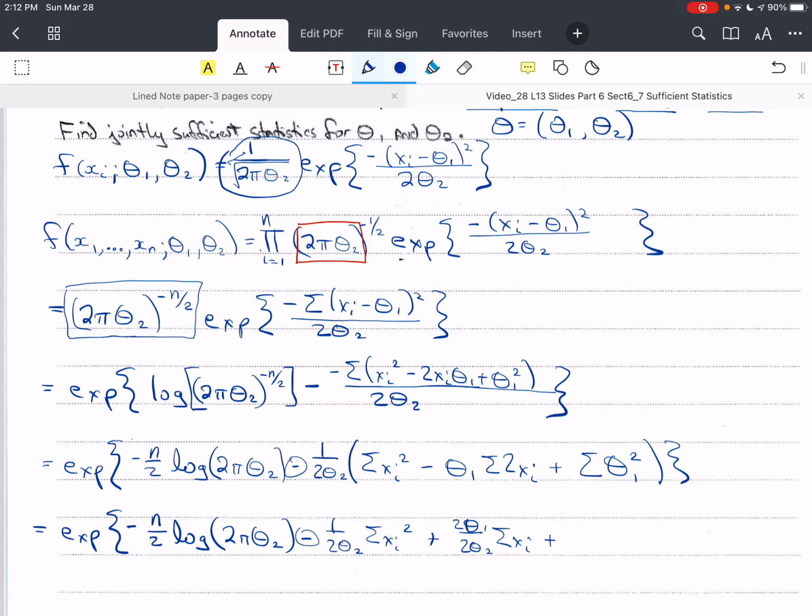I have to take this and distribute. That'll be a minus, that'll be a plus, this will be a minus. So keep the sign straight, or else you end up with a mess.